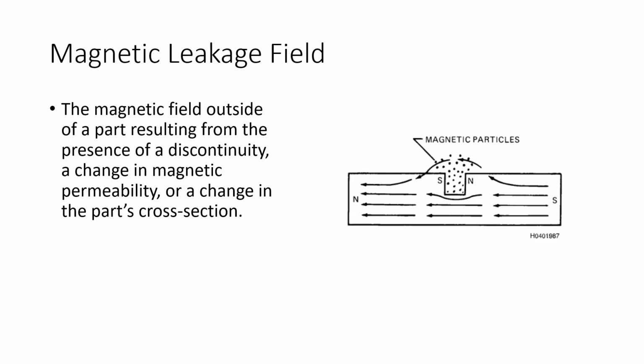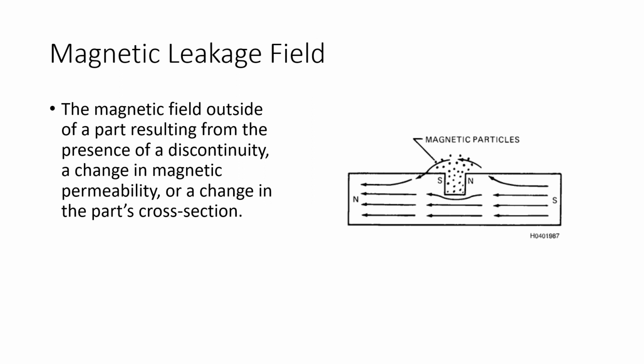So a magnetic leakage field is the magnetic field outside of the part resulting from the presence of a discontinuity or a change in the magnetic permeability or a change in the part's cross section. So you can see here where we've got our little notch cut in the part, and it's causing our magnetic field to circumvent that location.